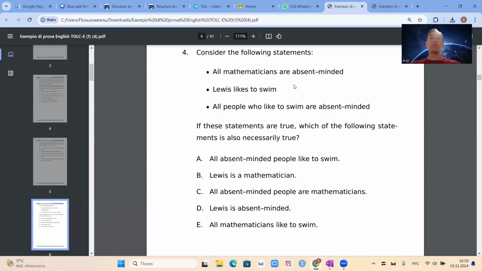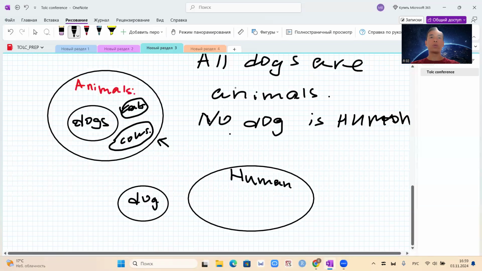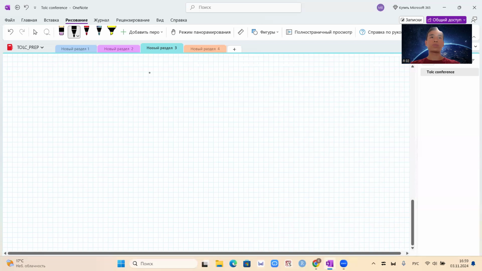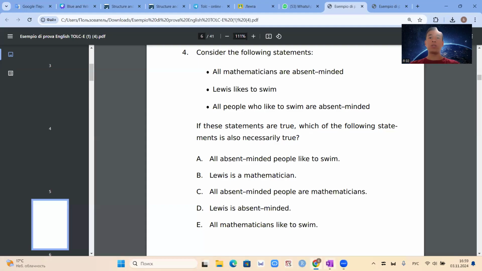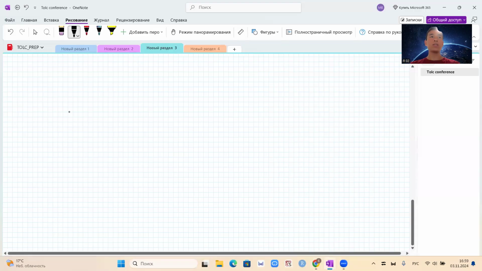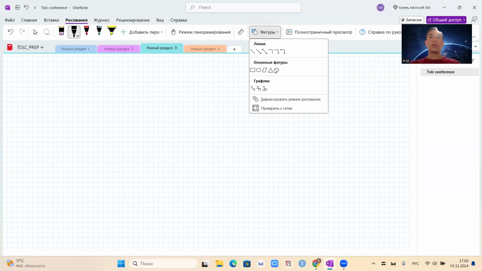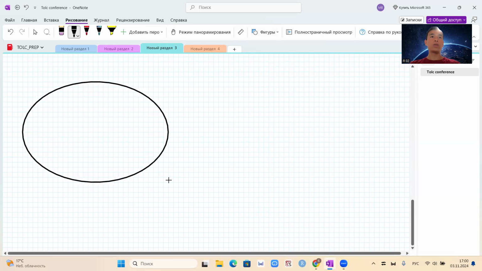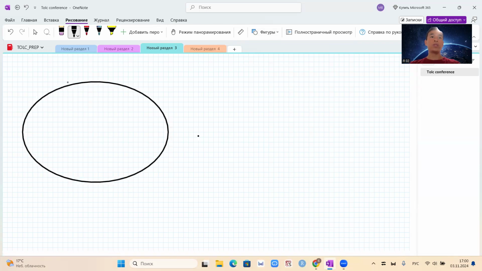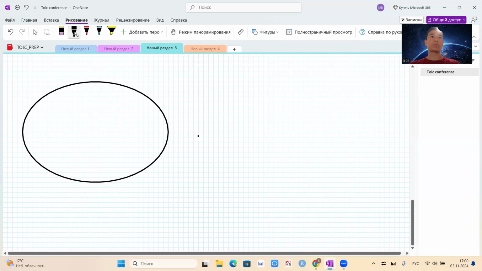But in our case, what was the question? It says all mathematicians are absent-minded. Ladies like to swim. All people who like to swim are absent-minded. Let's draw our circles. The first statement says that all mathematicians are absent-minded, so the bigger set is the absent-minded people.